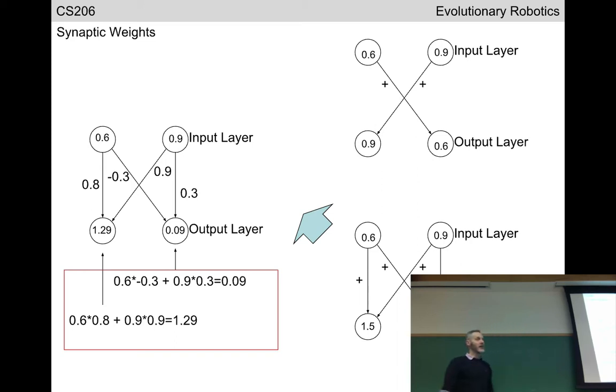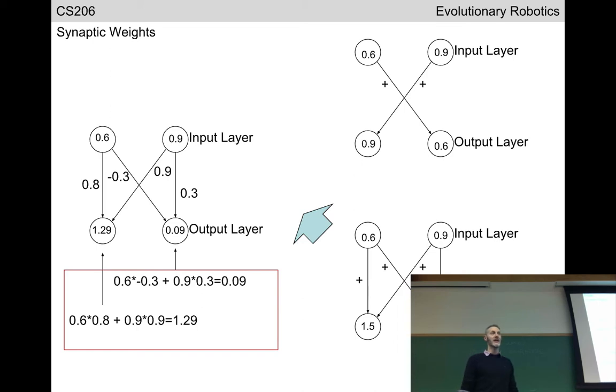So the weight of a synapse indicates the weight of influence of the presynaptic neuron on the postsynaptic neuron. A weight of 0 means that the presynaptic neuron has no influence on the postsynaptic neuron. It doesn't matter what the value of the presynaptic neuron is.